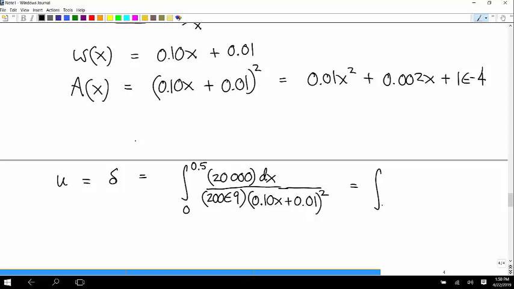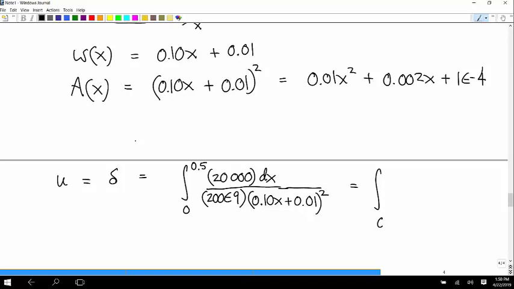And just to simplify this, you can think of this as two separate terms, we have two of these terms, 0.10x plus 0.01. Multiply both of them by 10. So if you multiply the denominator by 10 times 10, 100, you have to multiply the numerator by 100.